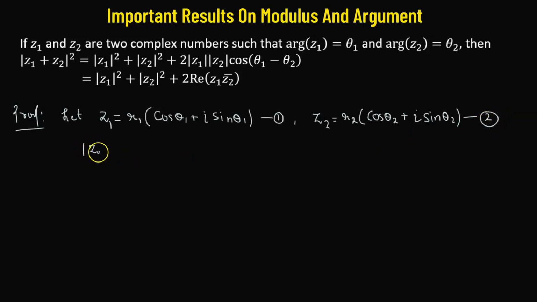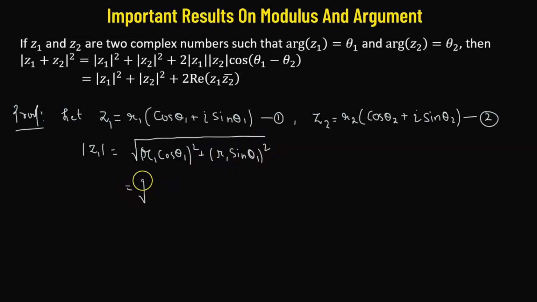Right. Now let's find out a few things. First, we'll obtain the absolute value of our complex number z1. That will be equal to, all we have to do is take the square root, and inside the square root we'll have r1 times cosine theta 1 whole square added to r1 times sine theta 1 whole square, which will be equal to the square root of r1 squared multiplied by cosine squared theta 1 plus sine squared theta 1.